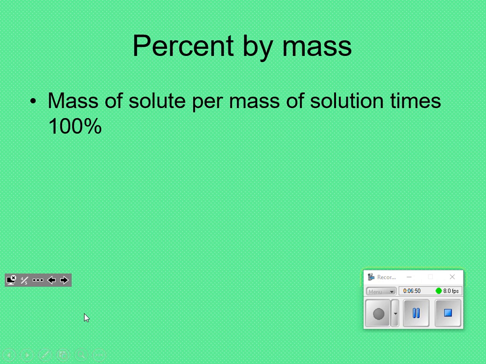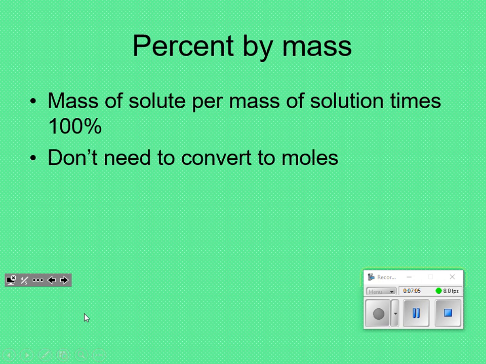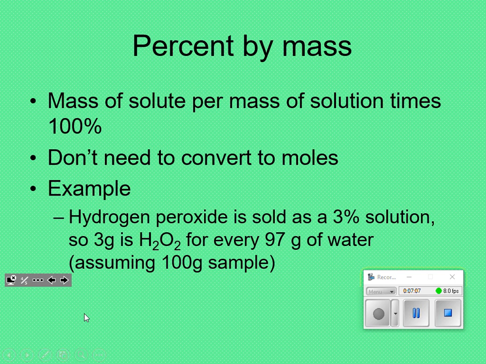So instead, you take the mass of the solute, divide by the mass of the solution. That gives you a decimal value, multiplied by 100 to express it as a percent. Again, the advantage of percent by mass is there's no need to convert to moles, which is why it's used for the everyday public.